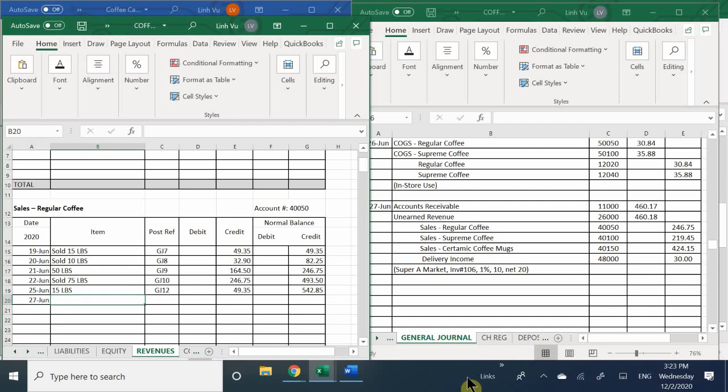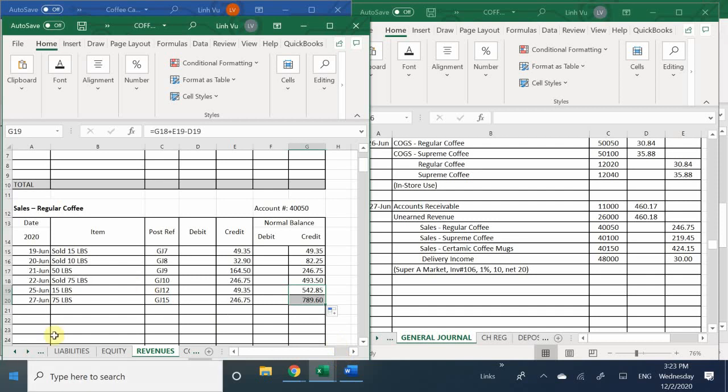And the date, 27th, and that was for 75 pounds. General Journal 15. Credit column for 246.75, making the total there $789.60.